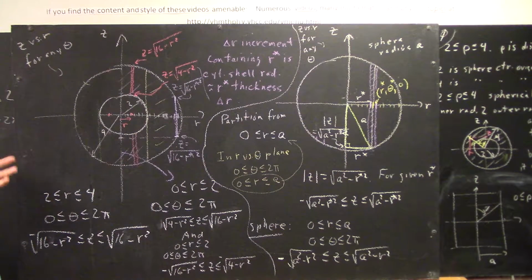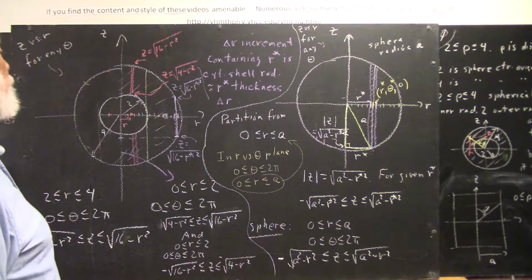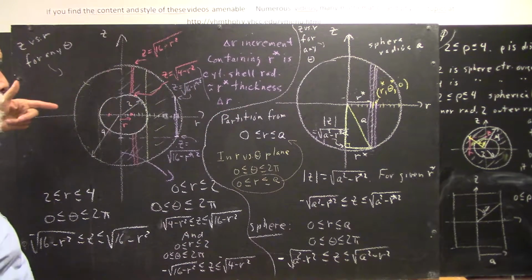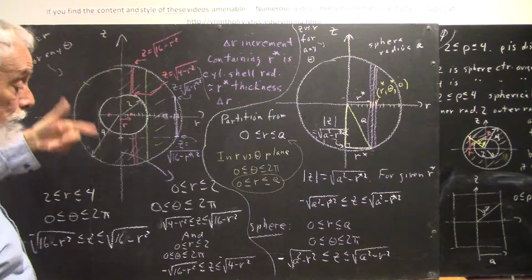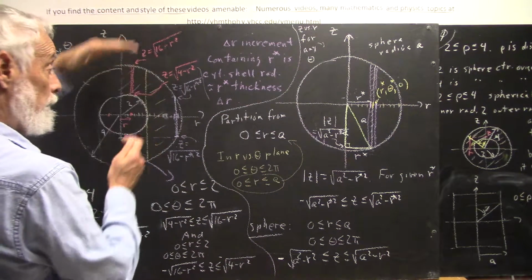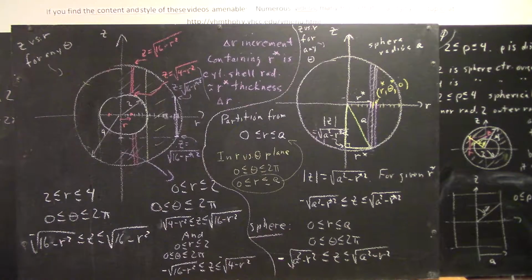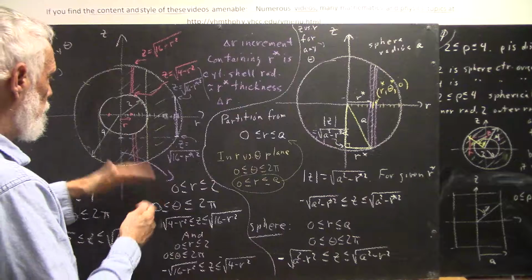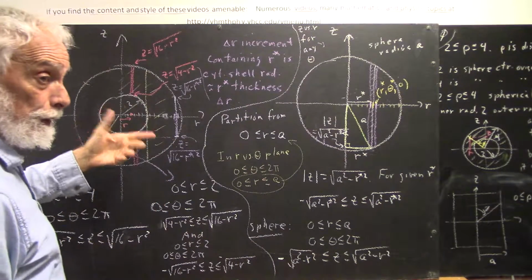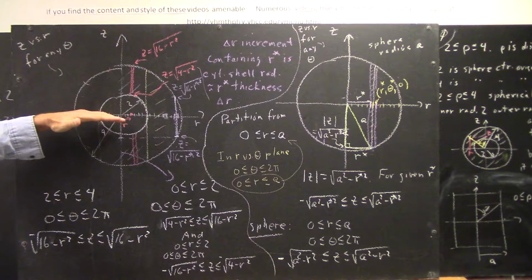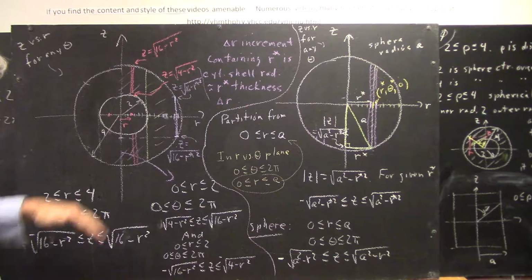Or if you're integrating to find something else, like a moment of inertia about the z-axis, you'd be fine, because the moment of inertia of this part above the r theta plane is going to have the same moment of inertia as this part below. Again, assuming a density function that's symmetric with respect to the r theta plane.